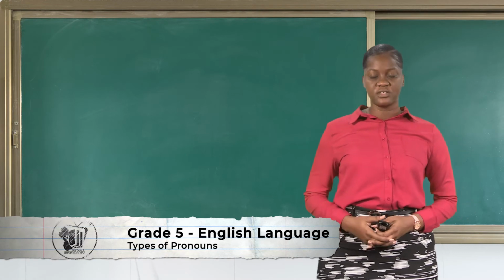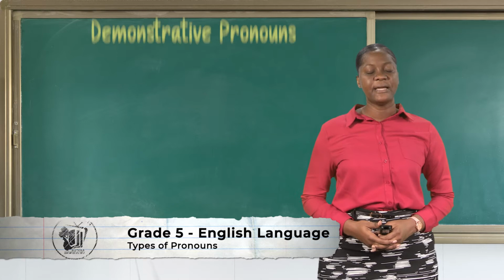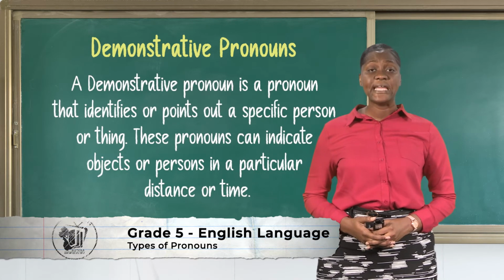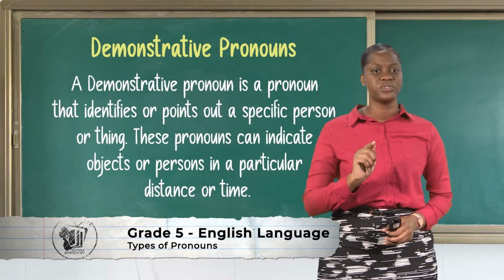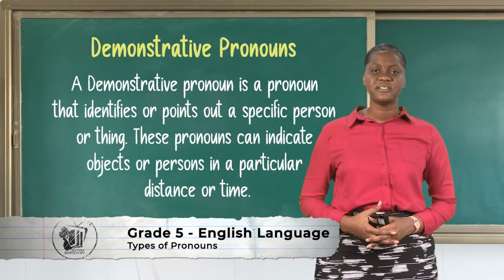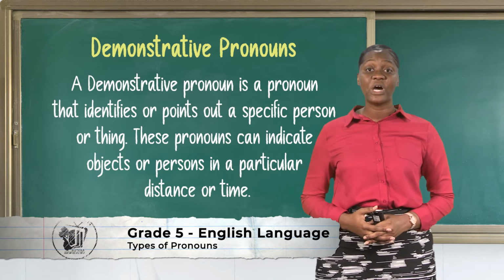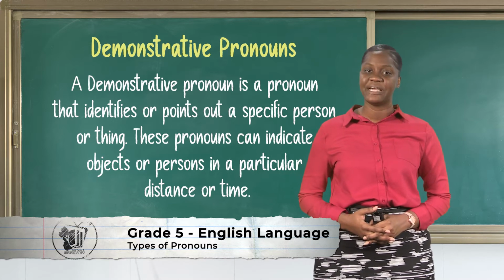Okay, boys and girls, let's take a look at another type of pronoun, demonstrative pronouns. A demonstrative pronoun is a pronoun that identifies or points out a specific person or thing. These pronouns can indicate objects or persons in a particular distance or time.